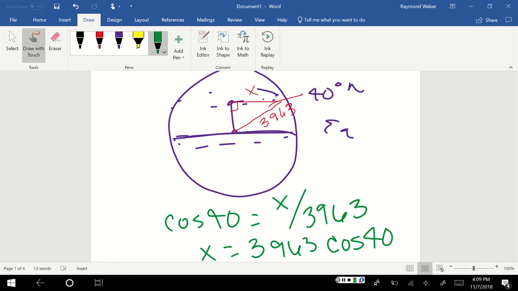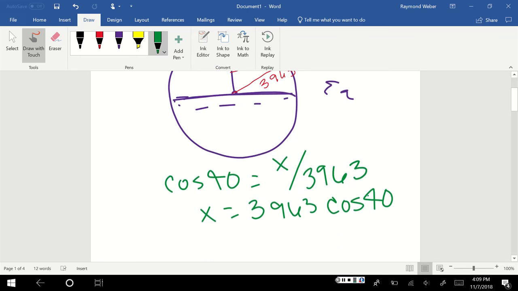The cosine of 40 is like 0.766 times 3963, so 3,035.8 miles. Okay? And so you can see here, that's almost 900 miles smaller than the radius at the equator.